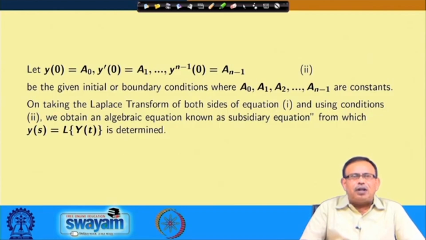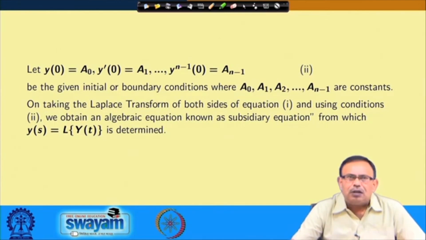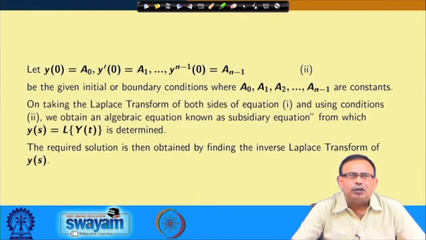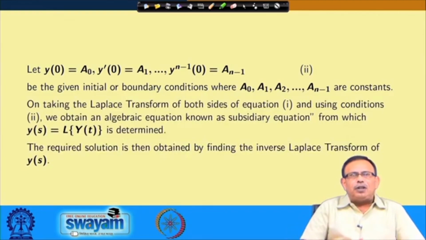From that subsidiary equation I can find a solution in the form Y(s) equals Laplace transform of y(t). Once I am getting this, using the inverse Laplace transform, the required solution is obtained by finding the inverse Laplace transform of Y(s).